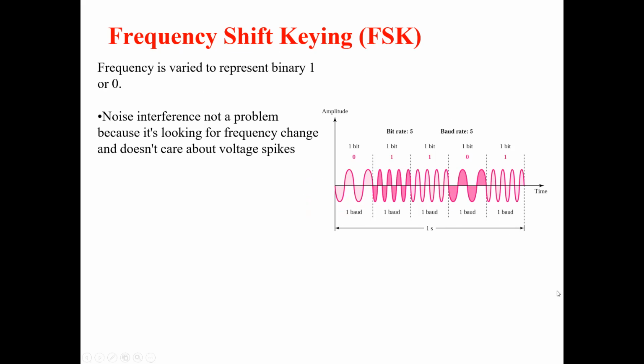It is a digital modulation technique in which the frequency of the carrier signal varies according to the digital signal changes. FSK, frequency modulation, frequency shift keying. So this is the output wave with the help of frequency shift keying.